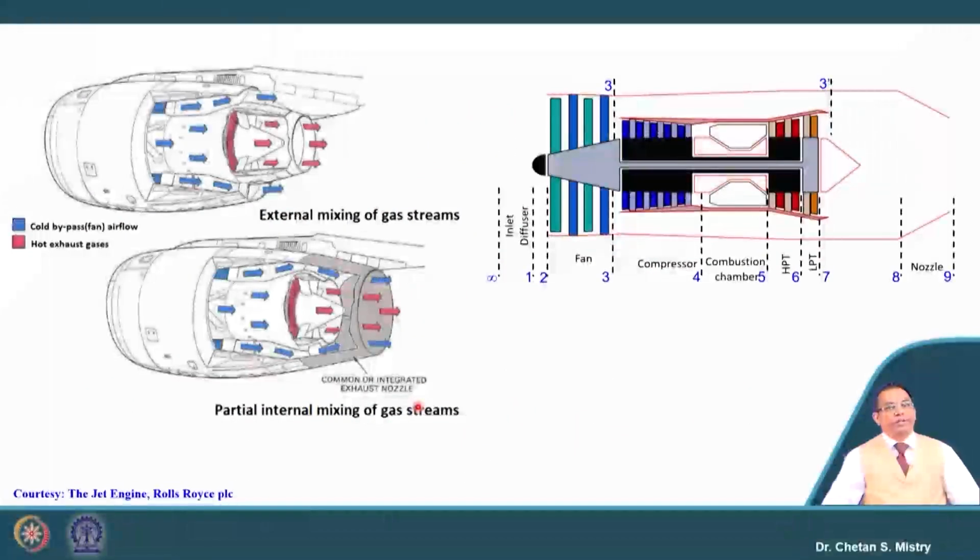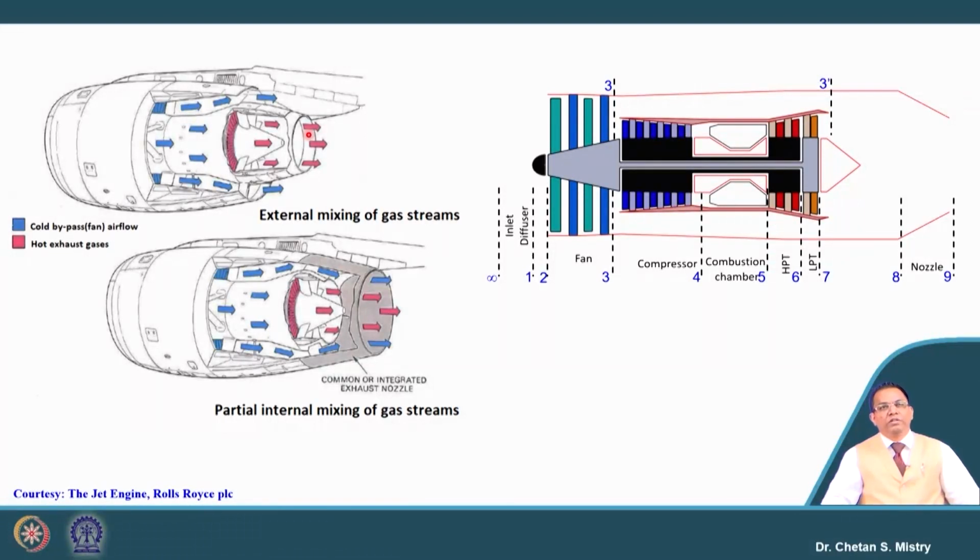Now, suppose this is my core exhaust, which comes out from my core nozzle or turbine nozzle, and this comes out from my bypass nozzle, and they are separate.